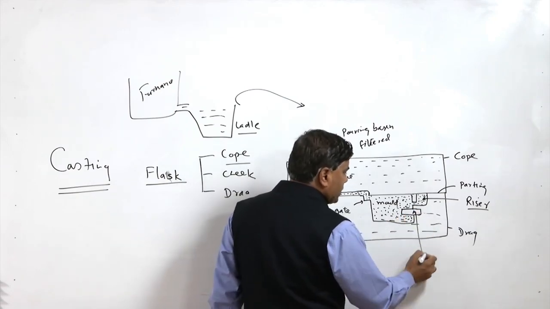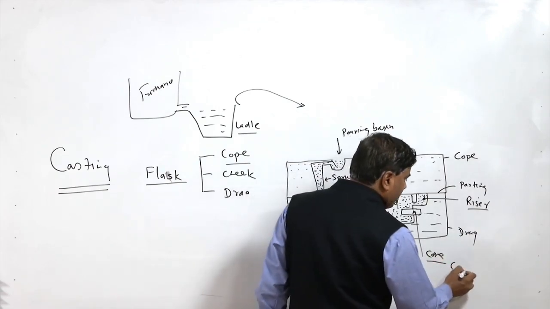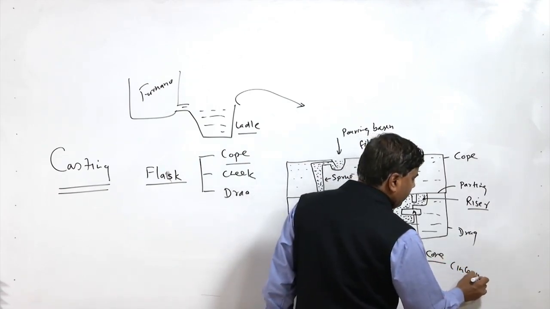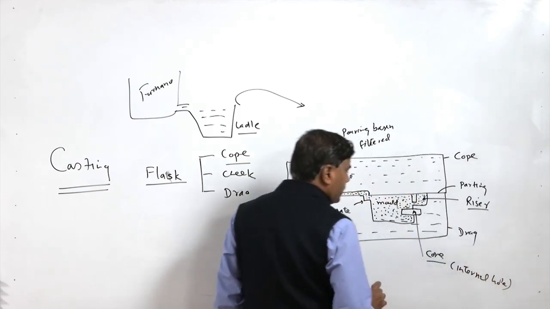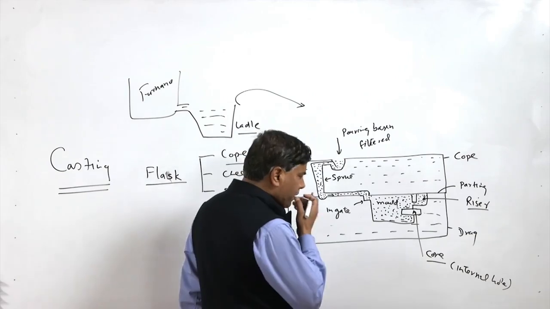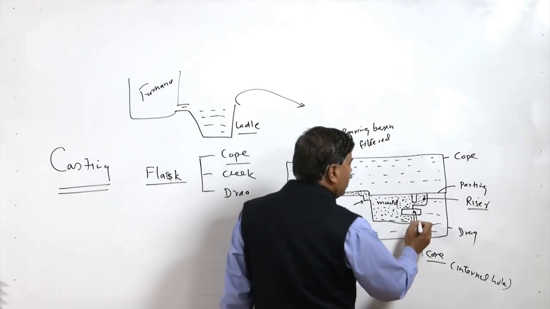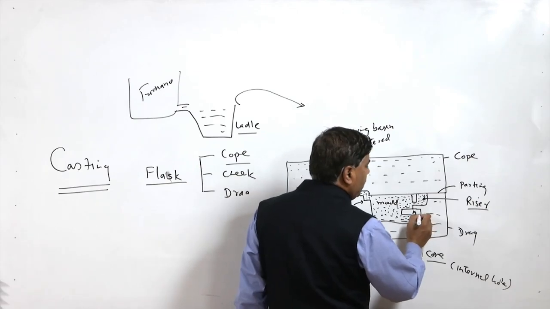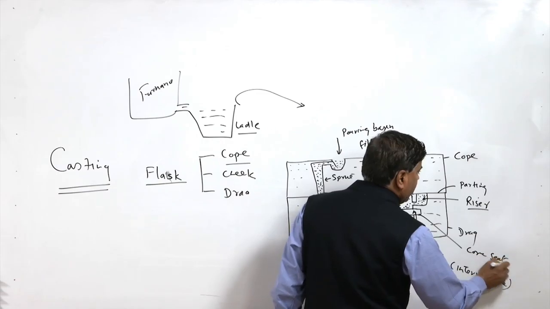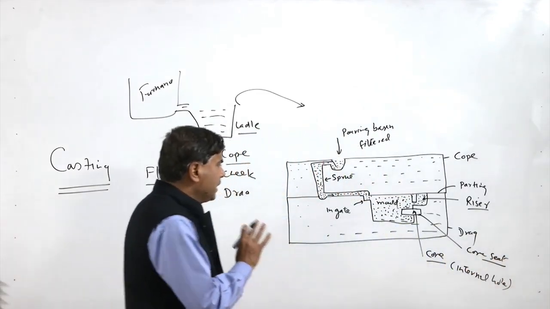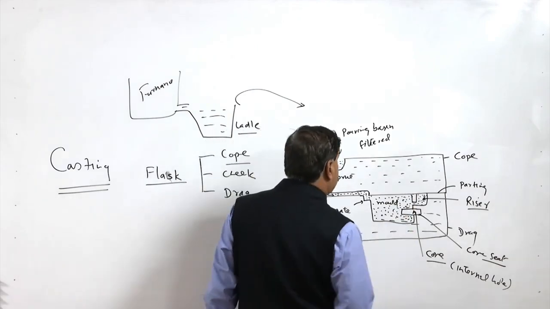This additional feature, the core, is used for generating internal holes or any other spatial geometry. The core is kept in the sand mold. That portion is called the core seat, where the core will be kept in the mold, and this is the riser.